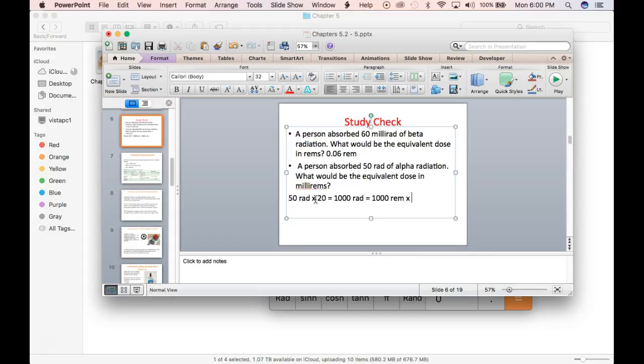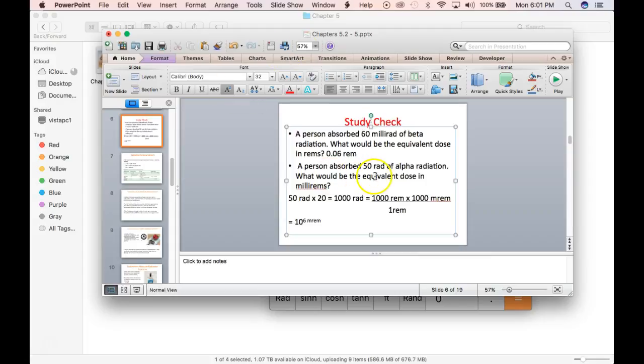and then 1 rem is 1,000 millirem. So the rems will cancel and you'll get your answer, which would be equal to 1,000,000 millirem.